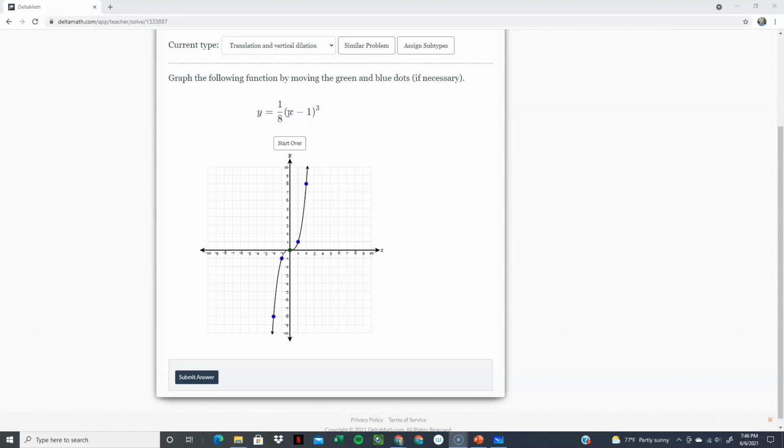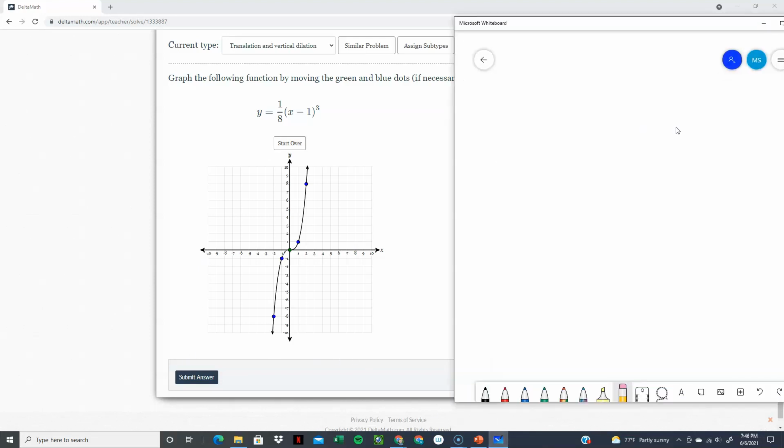Now, when we have multiple transformations happening here, this is when I think it's probably important to use this change to coordinate point column on the table. So for the -1, that is translation right. And so what that does is, if you see on that column, we add that amount to our x value.